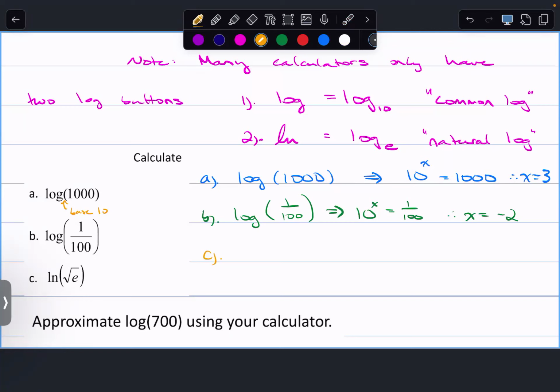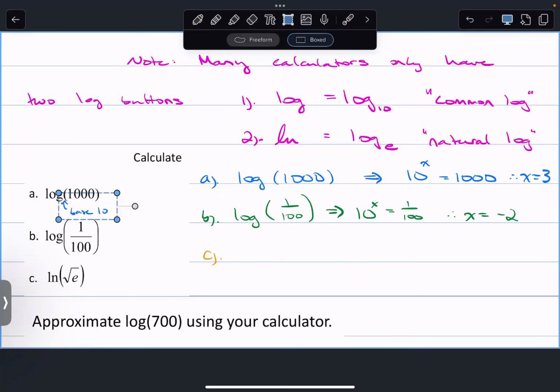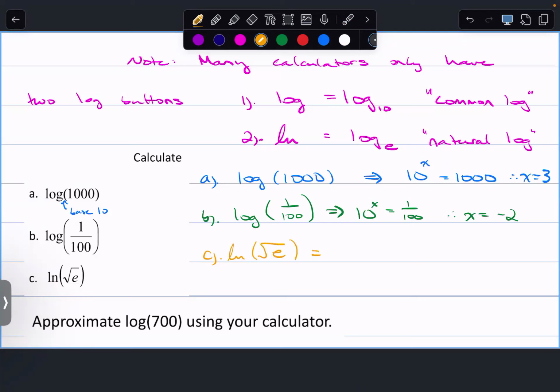How about C? And I'm going to just change this color to be blue to match. The ln, or the natural log, is log base E. So I have the natural log of the root of E, which I can rewrite as E to the power of something is the root of E. Okay.